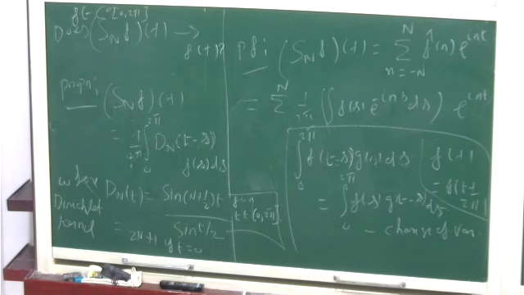Its value at 0 is what I have written, times f(s) ds. Sorry, correct. Sn f at 0, that's what I said, but I forgot to write it. It is the integral of Dn of minus s, which I take as s, then f(s) ds.